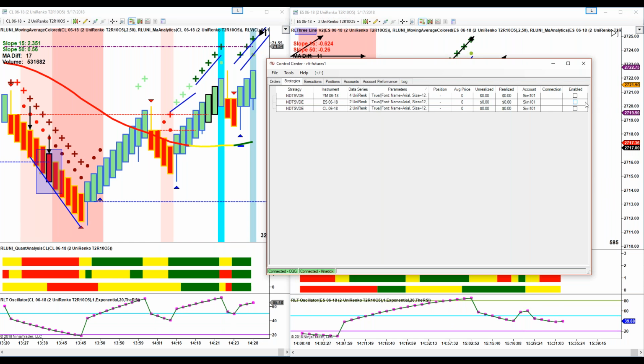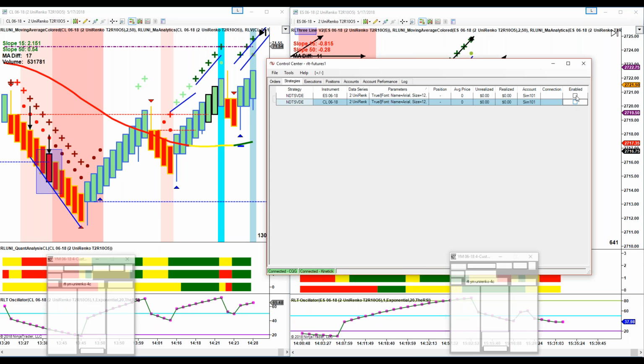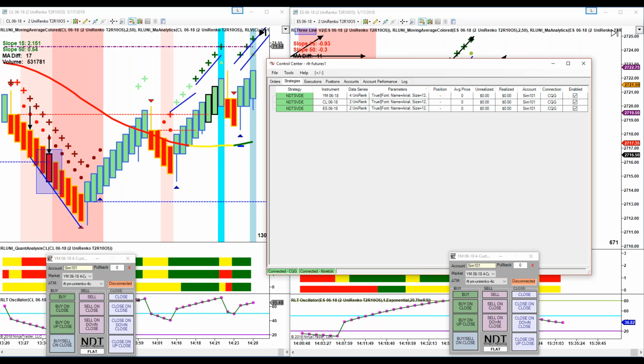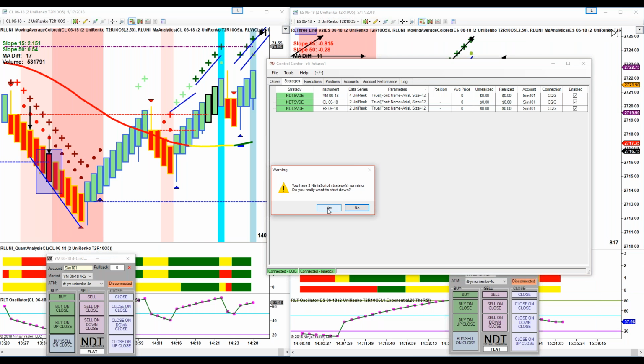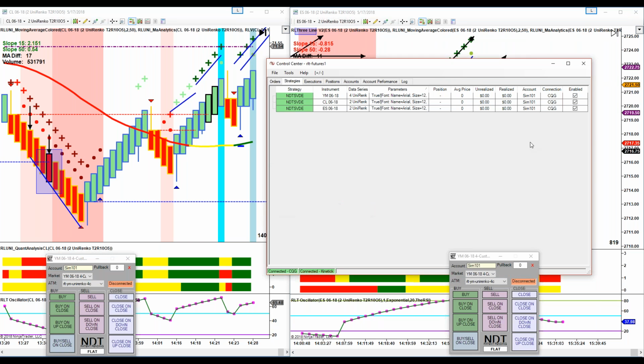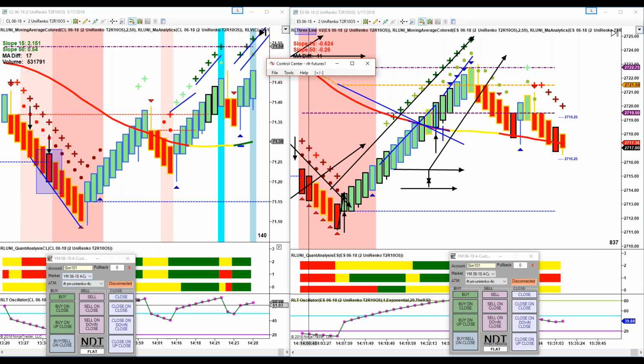I'll just bring it up really quickly because it's so easy. I'll just show it. I'm not going to turn it on, but it's right there. So what we can do is program a 1-tick pullback. So it triggers on the entry and then takes the pullback signal. I have to see about that, but that's a possibility.